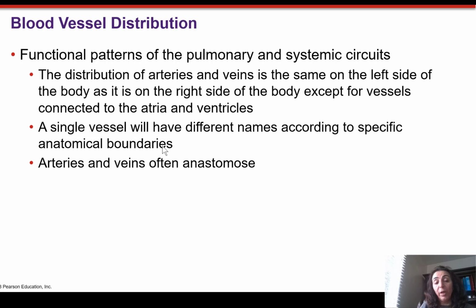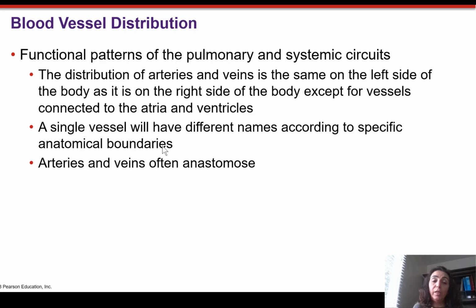Then it branches into two. When it goes to the forearm, if it's on the side of the radius, we call it radial artery. If it's on the side of the ulna, we call it ulnar artery, right? Or when it goes to the hand toward the digits, we call it digital arteries, right? So for many of the vessels, naming is regional, region by region.